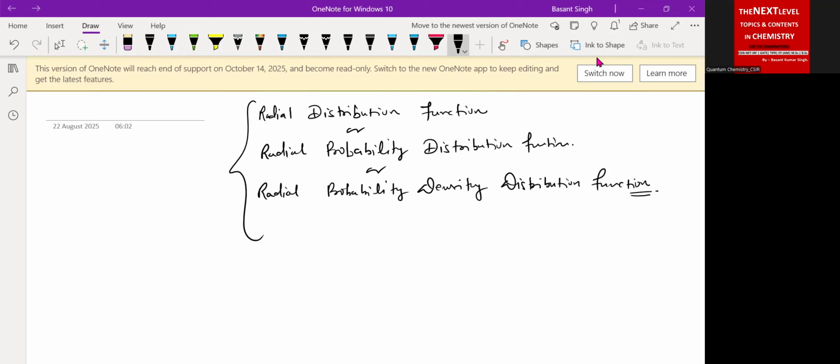So we have to know what is the correct expression for the radial distribution function.